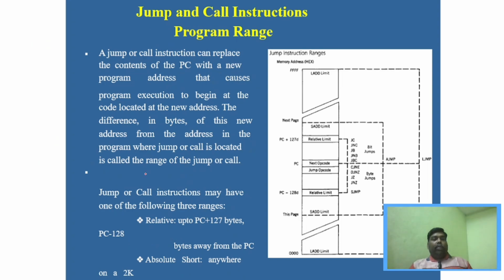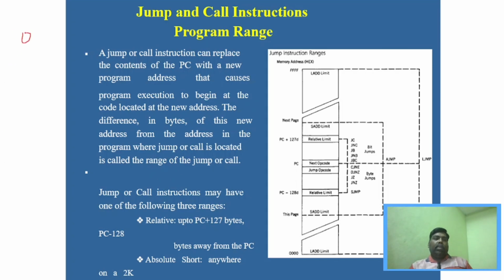And when it comes to jump instruction, you have to understand what is absolute addressing and what is relative addressing. I have already said what is relative addressing. Relative addressing is jump by using the offset value, it will jump to the location.